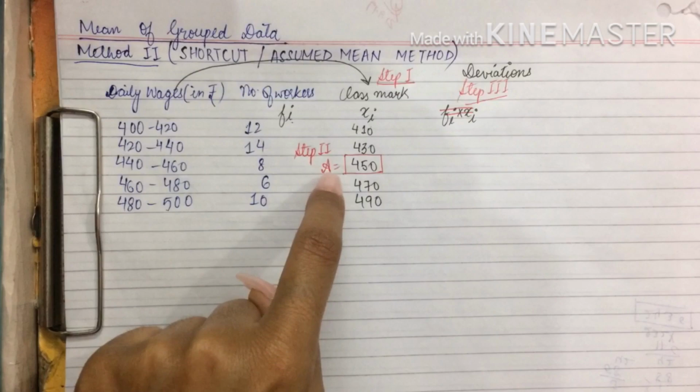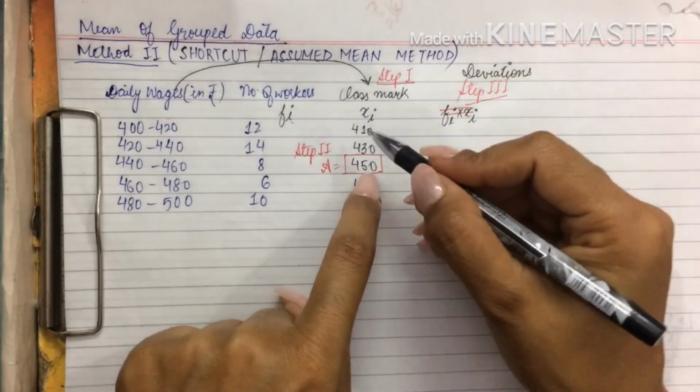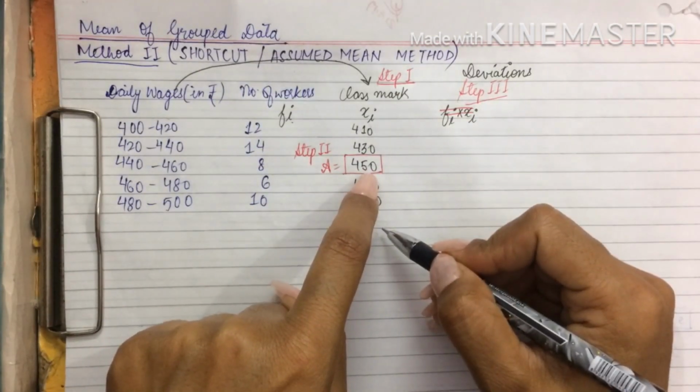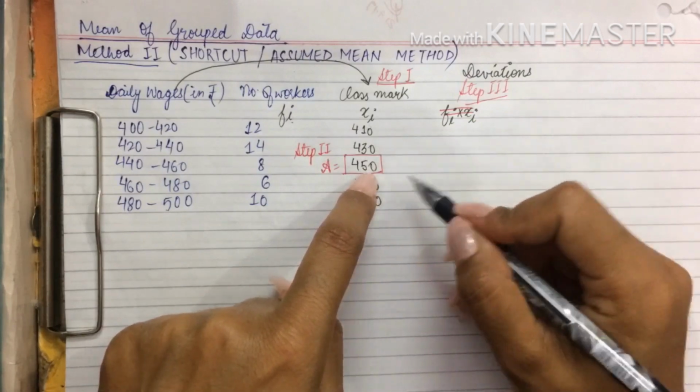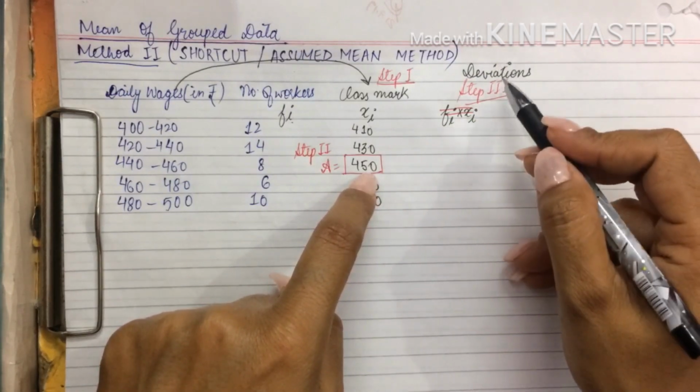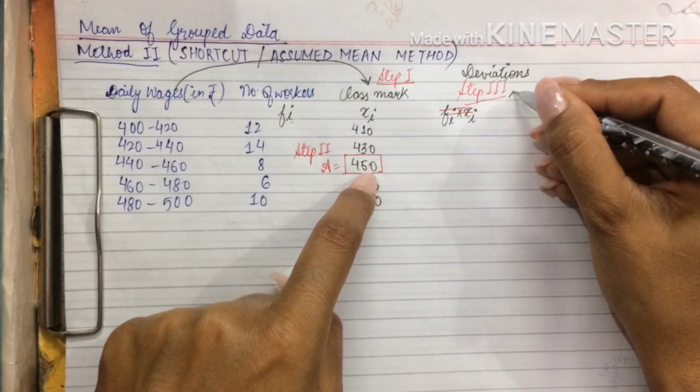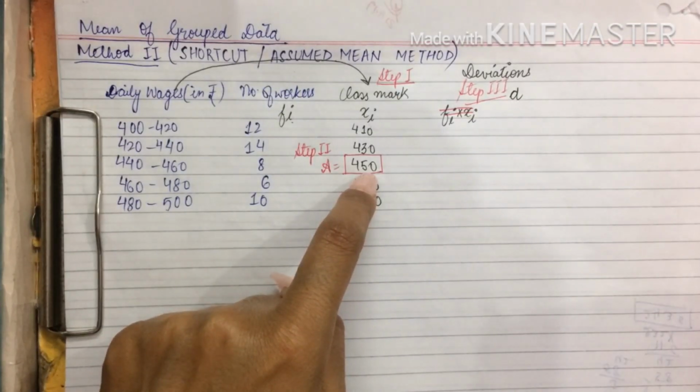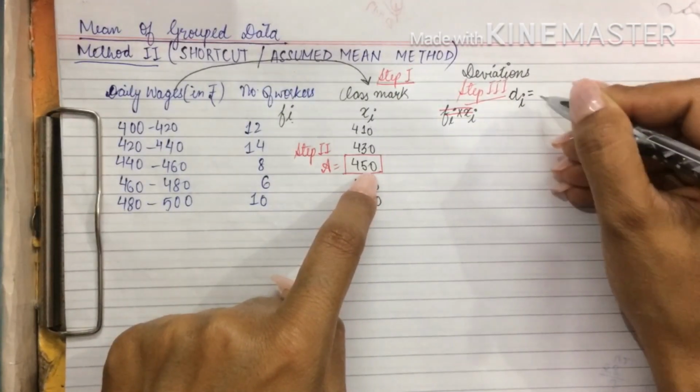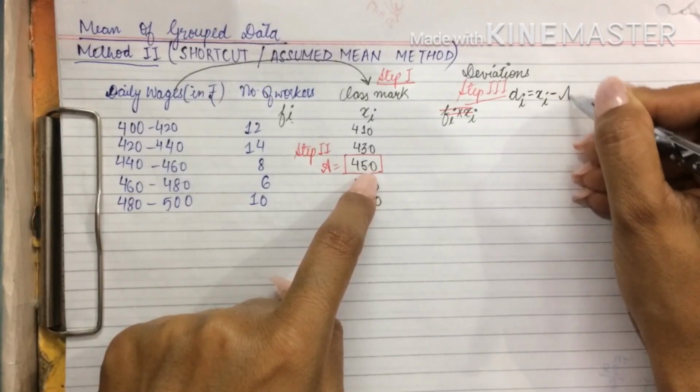You will be subtracting this assumed mean 450 from each of these observations one by one and obtain the answers. These answers will be referred to as deviations, represented by the letter D, each observation minus the assumed mean.